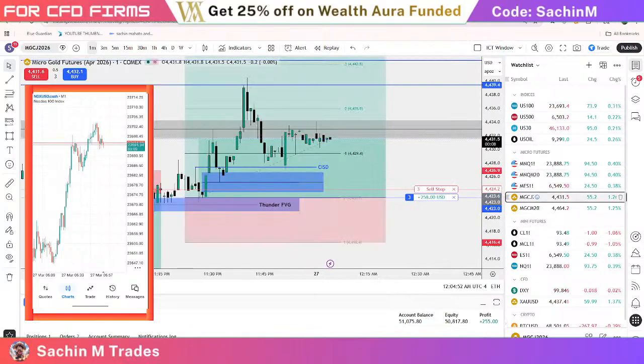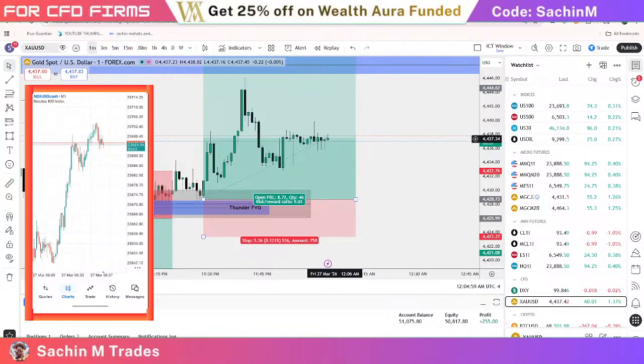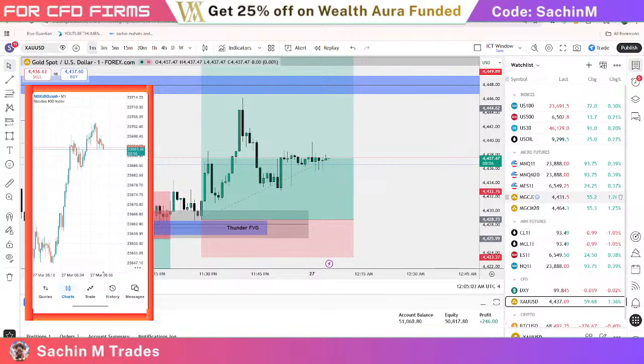We are consolidating at the same place. This is a kind of ascending triangle type of formation, so this means the market will go up. Let's see.